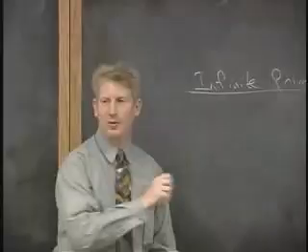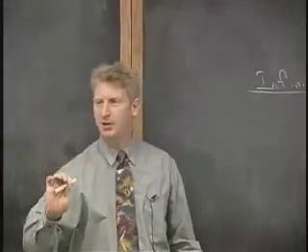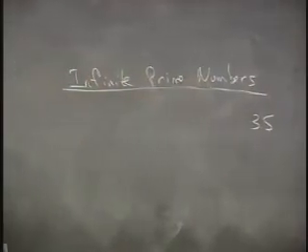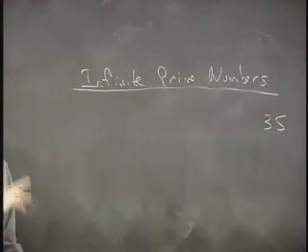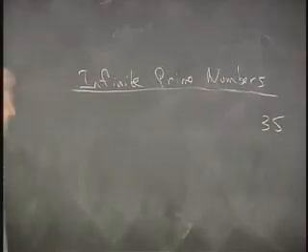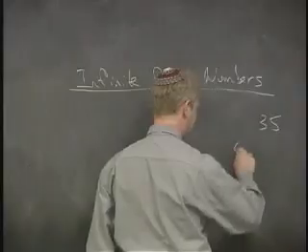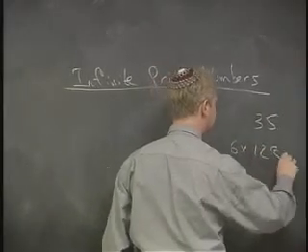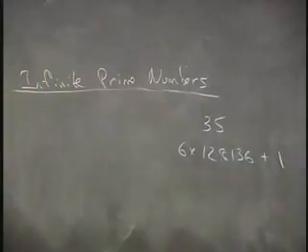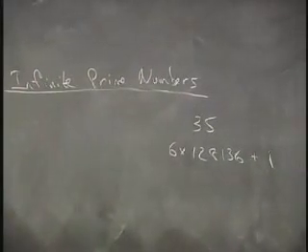So I want to do a little preliminary before I explain this proof to make sure everybody's able to do this quickly. So here, Greg, easy question. I'm putting you on the spot. Is that divisible by 2? Yes or no? No. Too easy? Six times 128,136 plus 1.